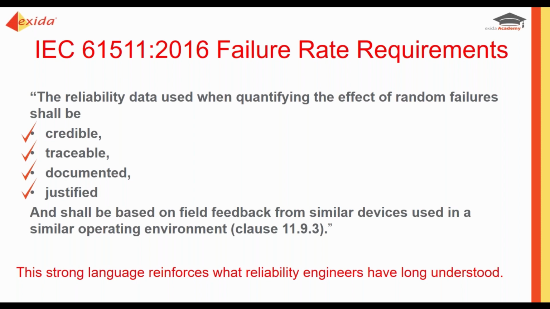It's not just good enough to use failure rates or any number that you just grab out of the air, put it in your equations, and go. You need to have it be based on field feedback from similar devices used in a similar operating environment. Once again, this language has been ramped up from the previous version of the standard to make sure that this point was driven home.